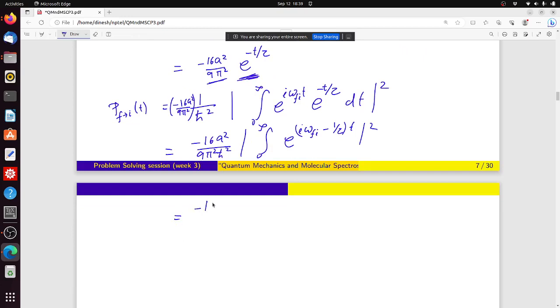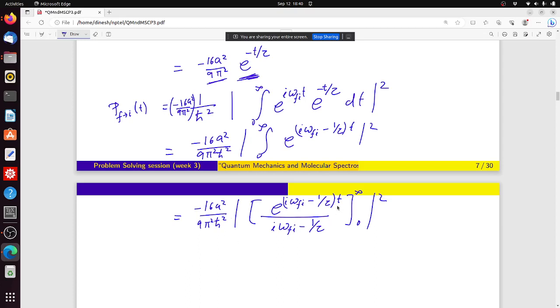So this will be minus 16 a square over 9 pi square h cross square. This will give us e to the power i omega fi minus 1 over tau t, over i omega fi minus 1 over tau, limit from 0 to infinity, mod square, right?